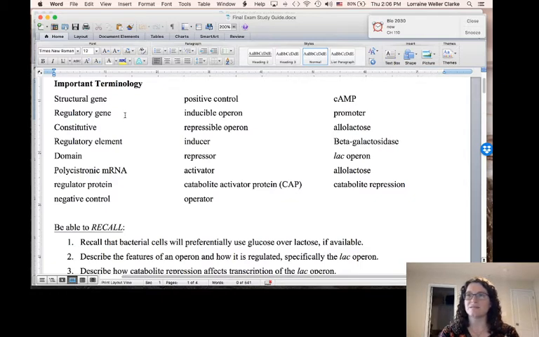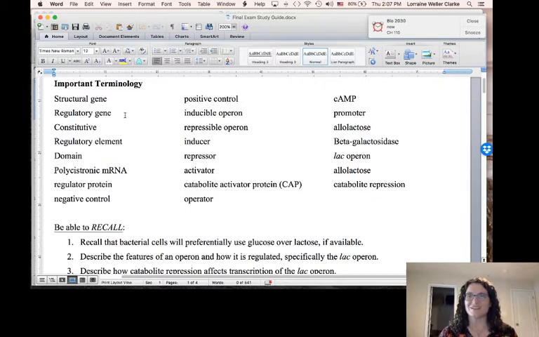But it's going to decrease transcription if glucose is available, because it'll turn on, take that repressor off if there's lactose. But if there's lactose and glucose, it's going to turn off the lactose until there's not enough glucose, the lactase. Okay, so those kind of concepts is mostly what we covered here.